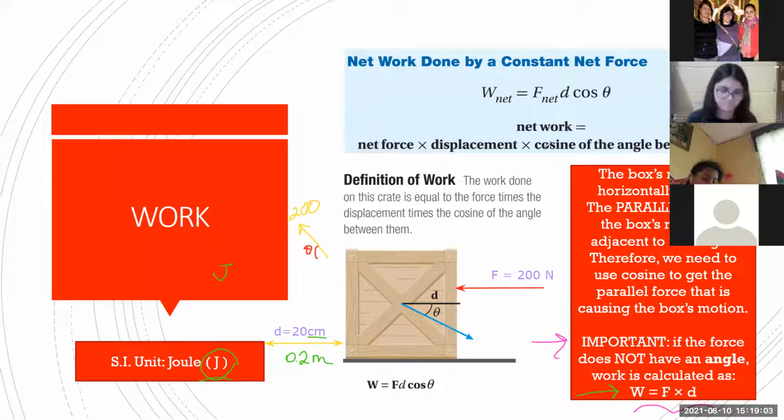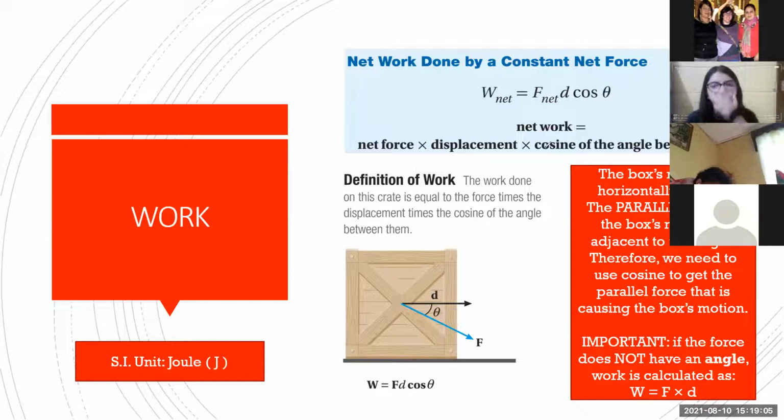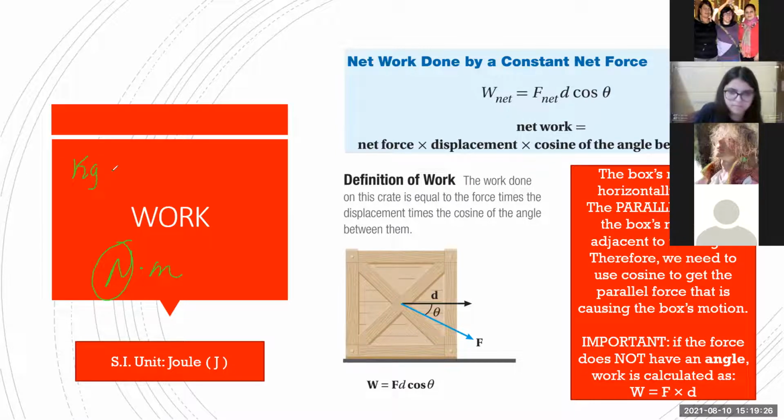When we have centimeters, we always need to convert them to meters. If I give you feet, also convert to meters. Always do the conversion because joule is a compound unit made of Newton times meters. And Newton is also a compound unit: kilograms times meters over second squared.